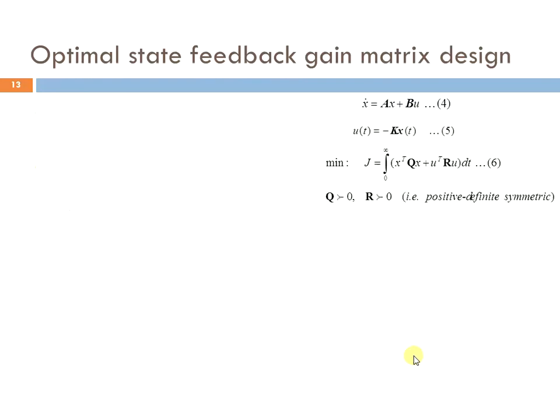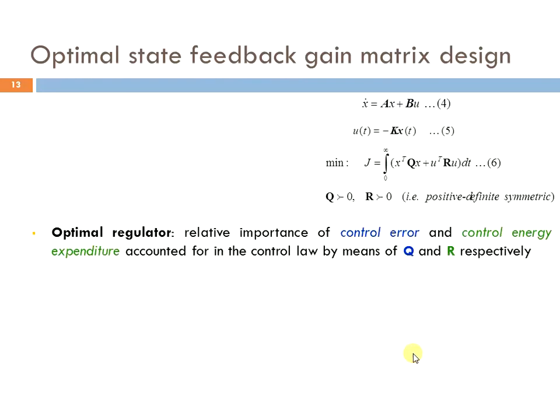So as I mentioned, the two terms of this performance index allow us to take into account both the control error and the control energy expenditure, and basically these weighting matrices Q and R allow us to set the relative importance of these two measures of performance.